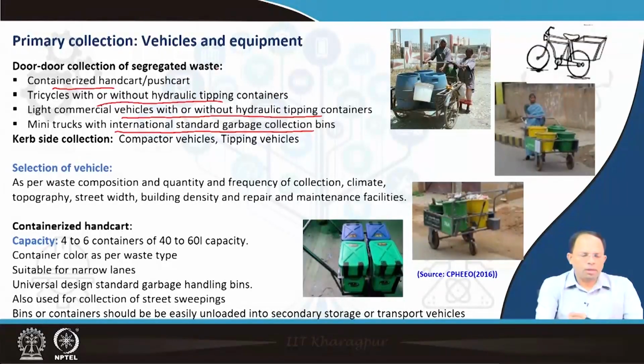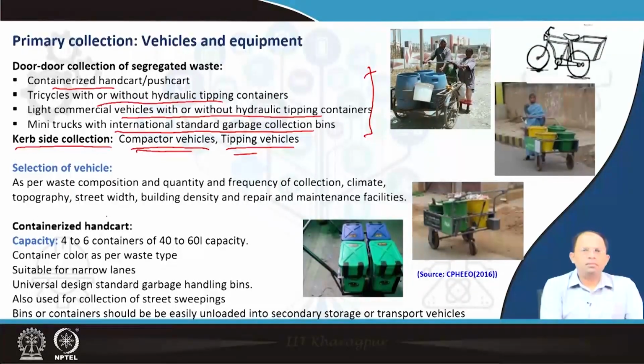Now this is for door-to-door collection, but for curbside collection, if there is that kind of a system, then compactor vehicles are utilized, and some tipping vehicles can be utilized. Or like door-to-door collection or block collection, we can go for this kind of vehicles. For curbside collection, we can go for this kind of vehicles. Even for community bins collection also, we can go for these compactor vehicles or tipping vehicles.